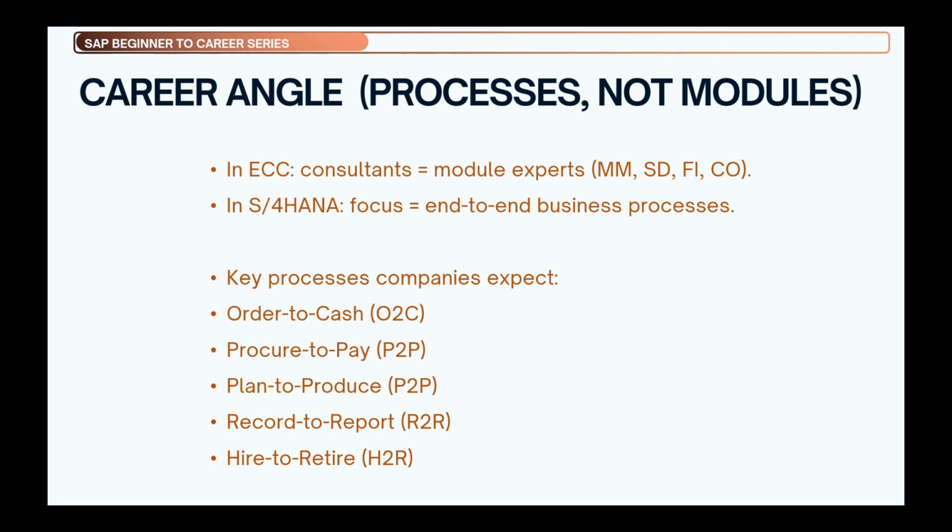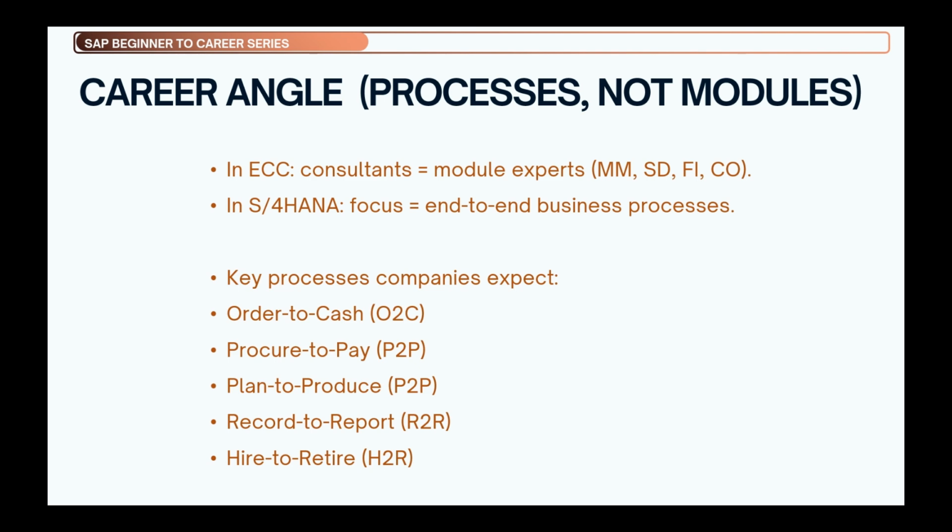This doesn't mean that you need to be an expert in MM and FI as well, but you need to have a high level understanding of how those modules contribute to your business process, not your module, because after S/4HANA, it focuses on business processes, not modules.